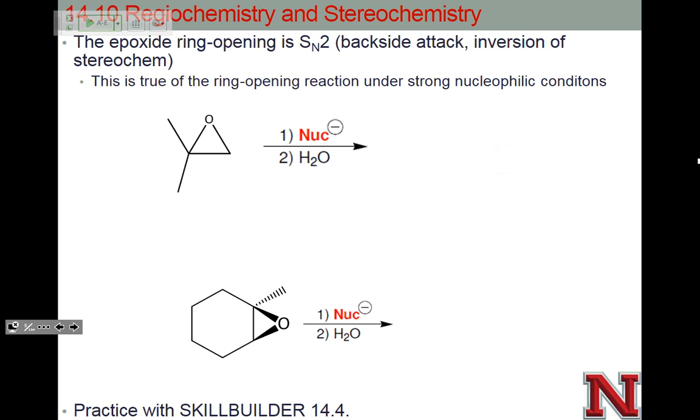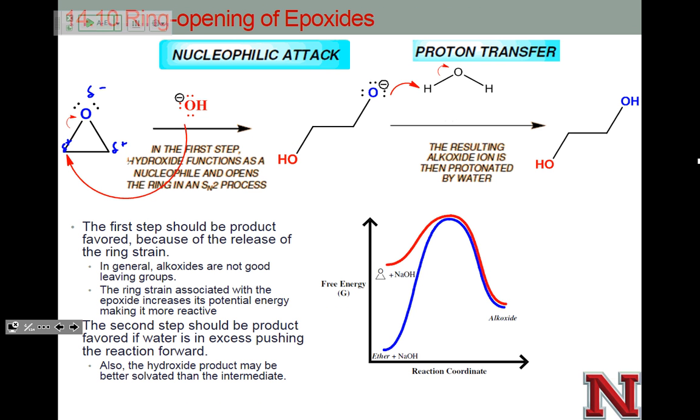Well, the epoxide ring opening is regioselective depending on the conditions. So under strong nucleophilic conditions, the nucleophile is going to attack the least substituted position because this is very much an SN2 type reaction. So as you can see, the nucleophile attacks and the leaving group leaves.